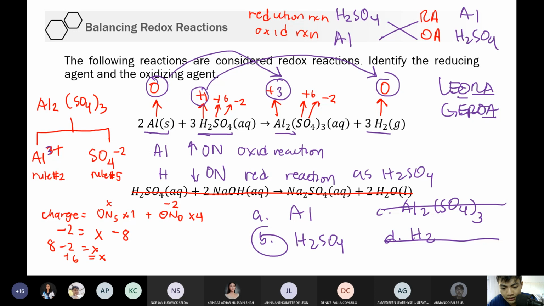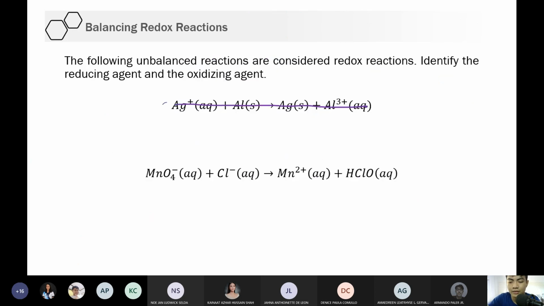Okay, so just identify the oxidation numbers. Okay, so we'll do the same here. Identify the oxidation numbers. Okay?